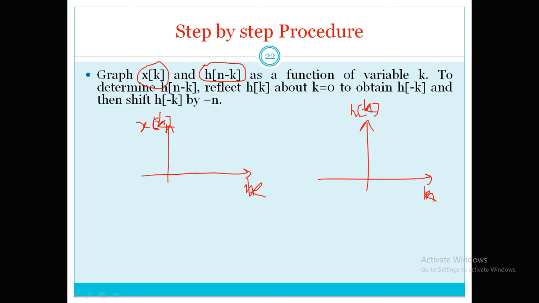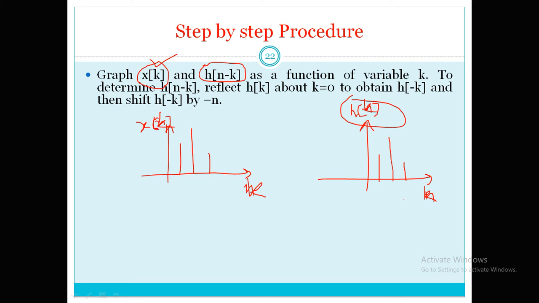Once I have done this, I want this part as h of n minus k. So how can I deal with this? This part is very simple. If for example this is my discrete signal, the signal will be the same, simply the variable is changed. But coming to this part, this is h of k. For example, this is my signal.